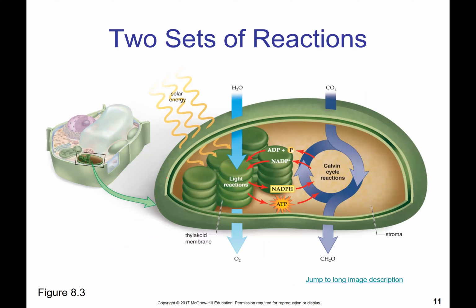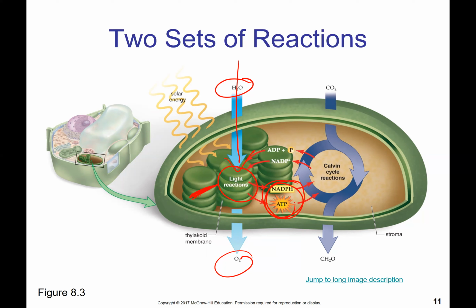So here we have our chloroplast, right? Our light reactions are going to take place in the thylakoids, okay? Water's going to go in, oxygen's going to come out. We are going to get some energy and our electron carrier. Again, just like with cell respiration, we are going to have electron carriers.